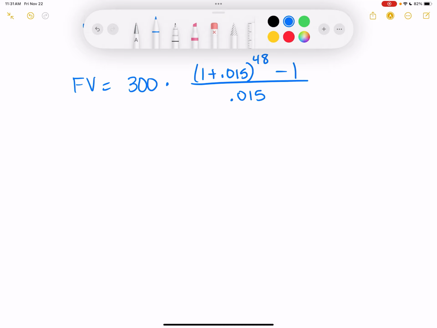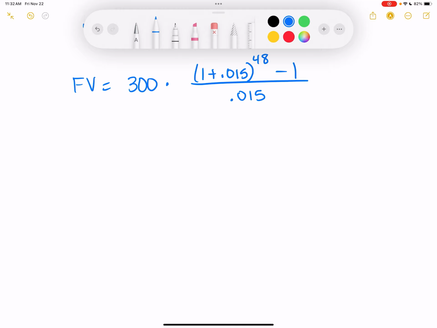I'm going to make this 1.015 raised to the 48 minus 1. If you're doing 1 plus 0.015 instead of just writing it as 1.015 when you are typing it in, make sure you put parentheses there. And then over 0.015.